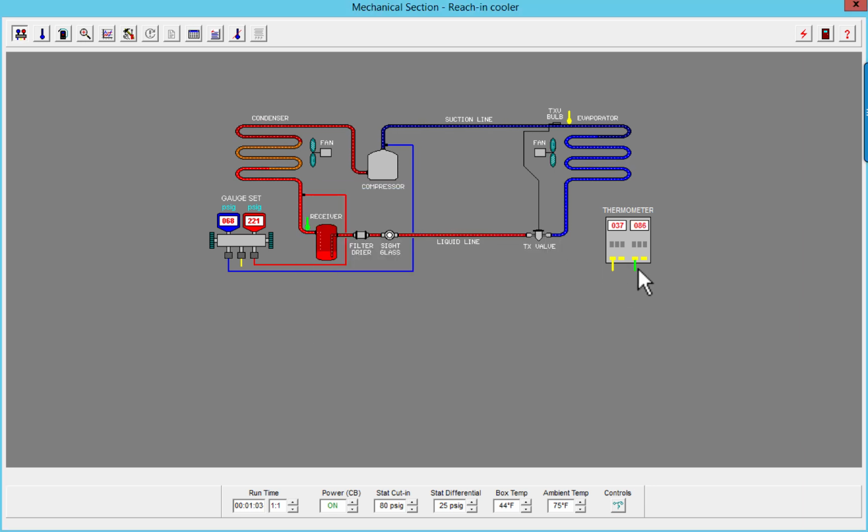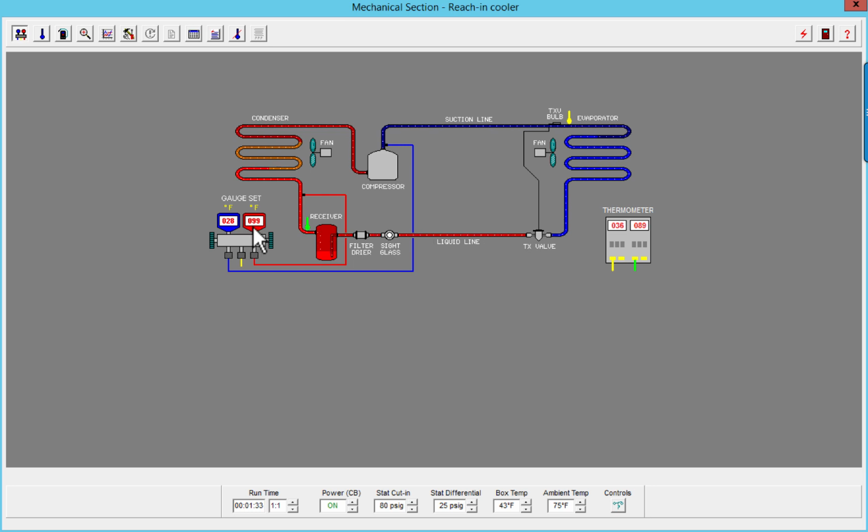Green is on my liquid line, and then I have one on my suction line. So I have 37 degrees, put my gauge to temperature, 37 to 29, 12 degrees. I want my superheat between 8 and 12, so my TXV is doing what it's supposed to do. Because remember, TXVs control my superheat. My liquid line temperature is 88 degrees.